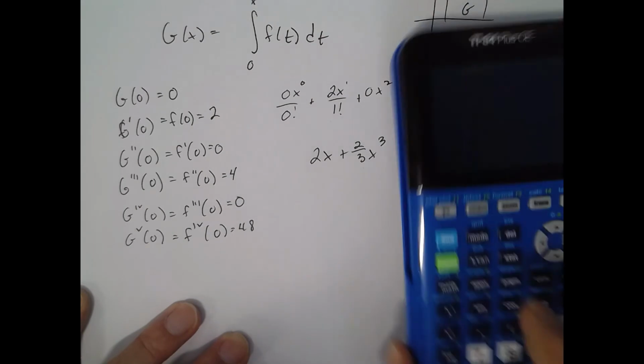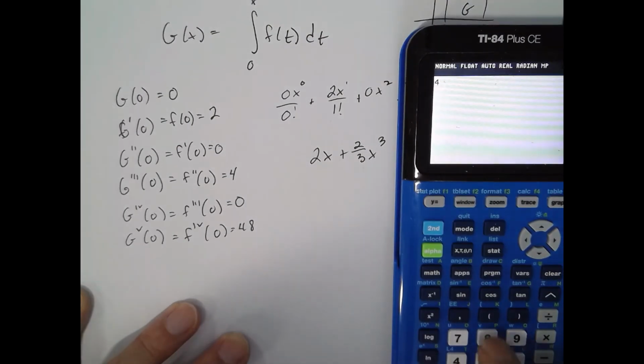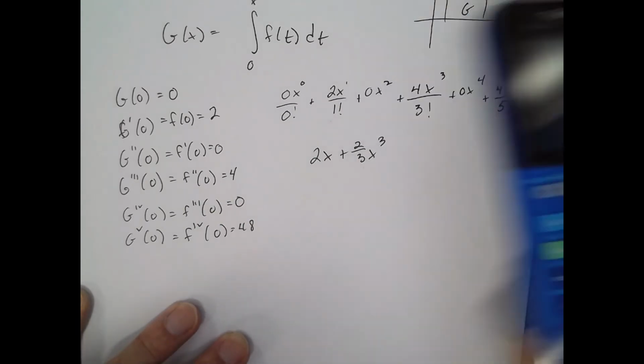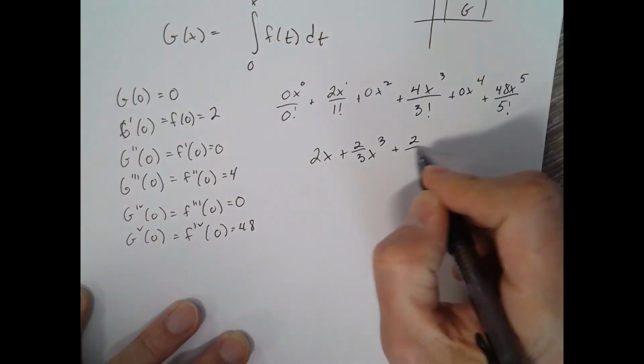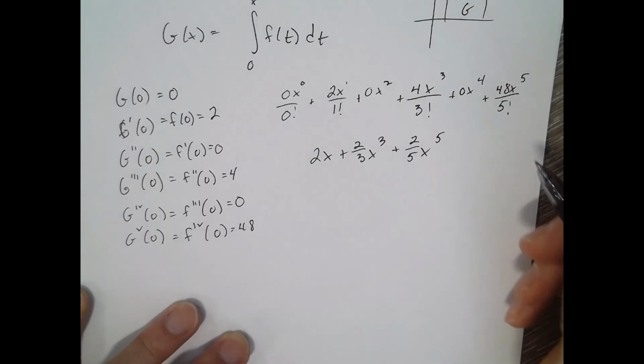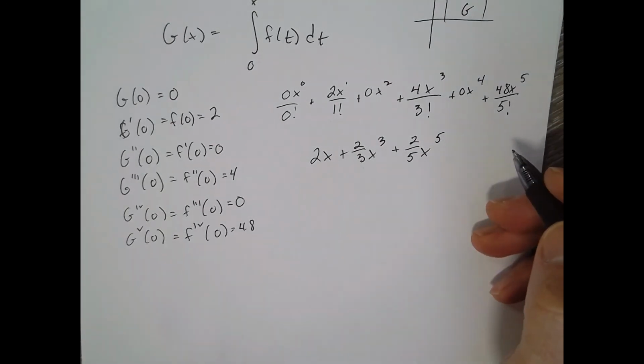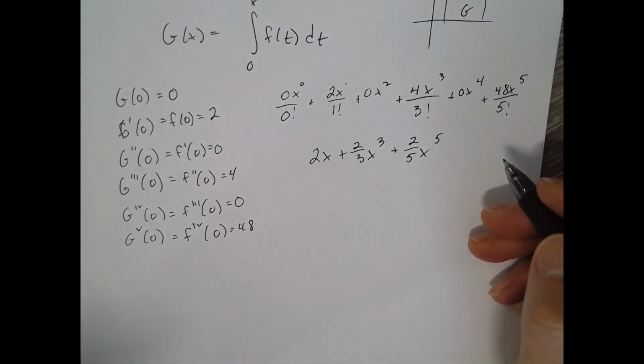Should have just done this initially. Yeah, 2/5 x to the 5th. There's my first three terms of g of x.